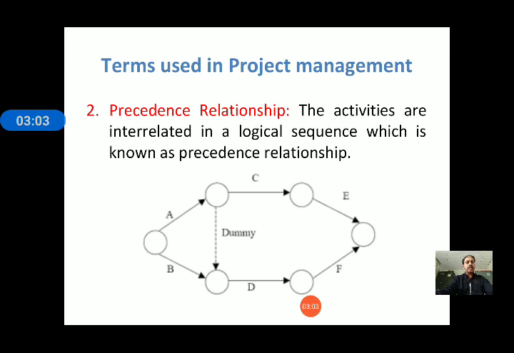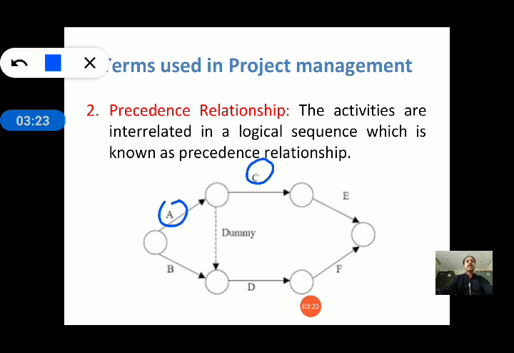Through this figure you will easily understand what precedence relationship is. In this figure consider activity C. Activity C can be started when activity A is completed.